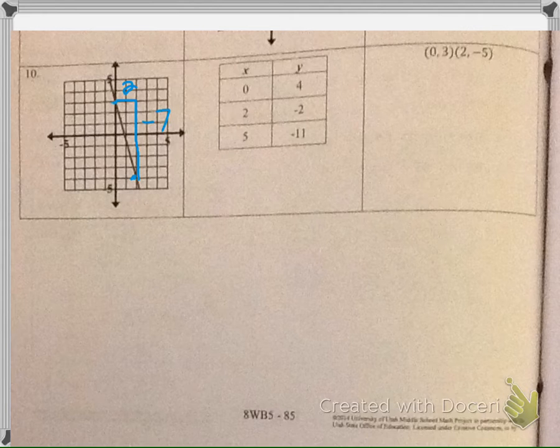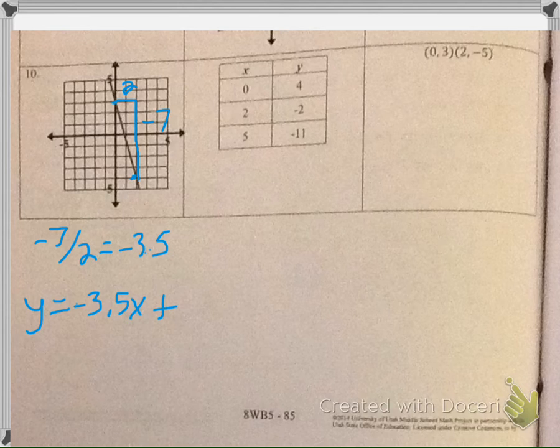It's going down 7, so it's -7. Rise divided by run, -7 over 2 gives me -3.5. So that means my equation is y equals -3.5x plus, and my y-intercept is right here at 3.